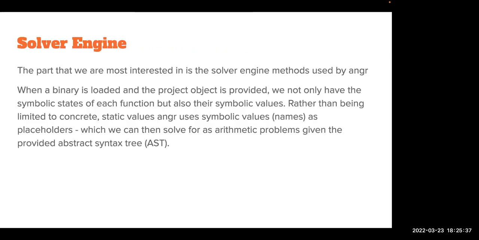What the actual part that Angr plays is, because you have CLE loader that loads into memory, and you have the Unicorn engine that does more of the emulation for the binary, the part that Angr plays is actually doing the abstract syntax tree production of it.